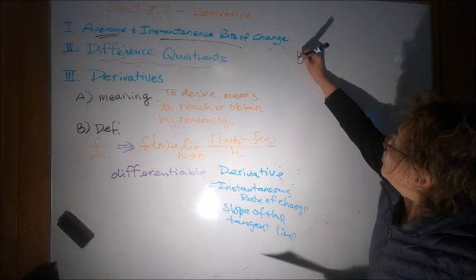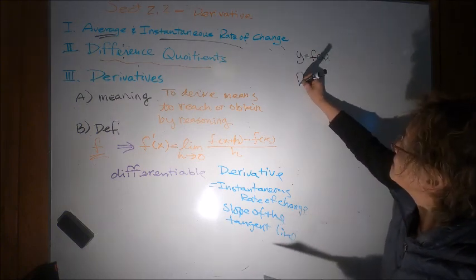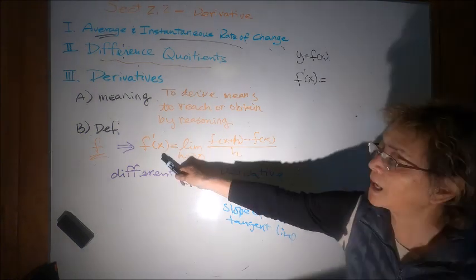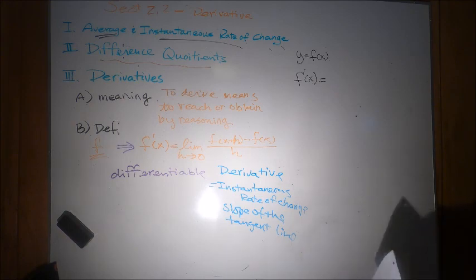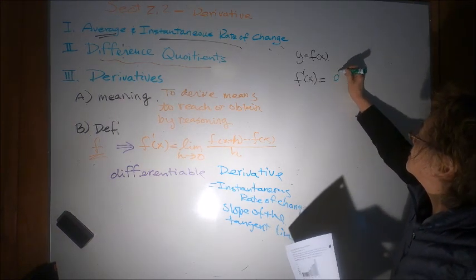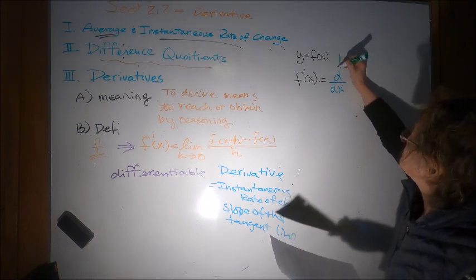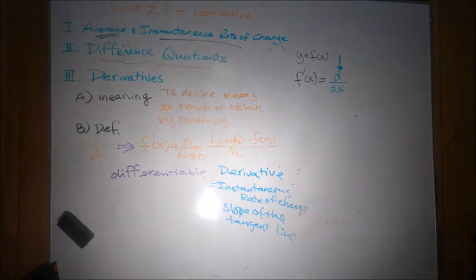So if I have y equals f of x, we say the derivative is this one. We use f prime this way. Then he uses this notation, which is very handy when we do the calculation. He used this notation, d over dx.